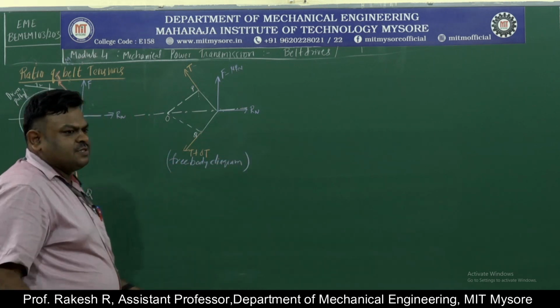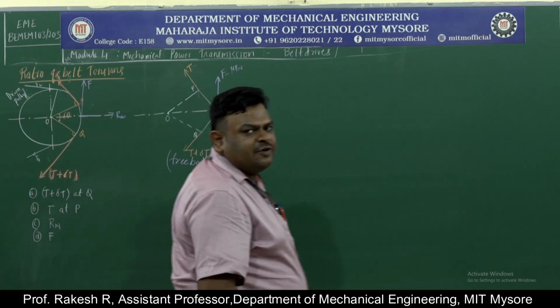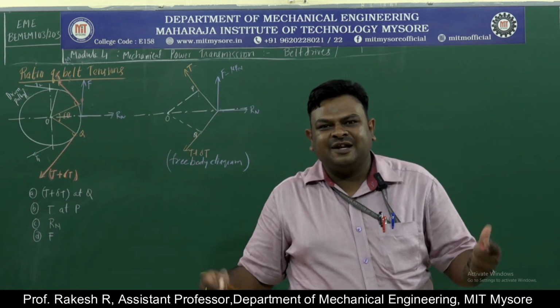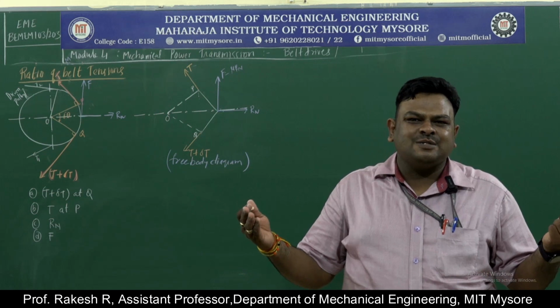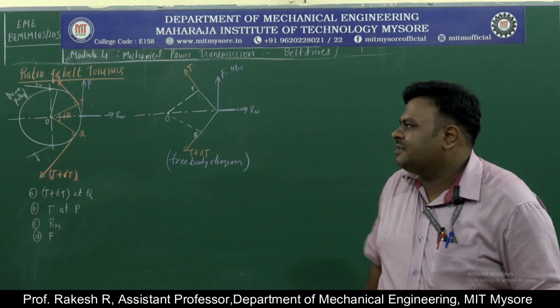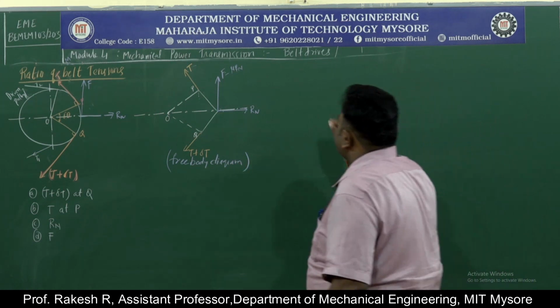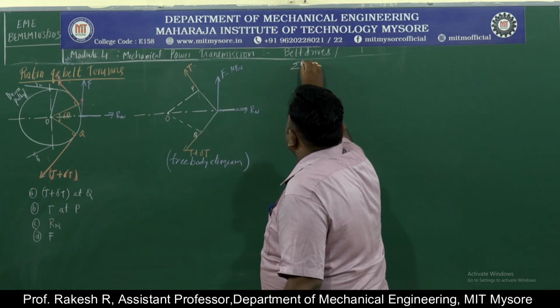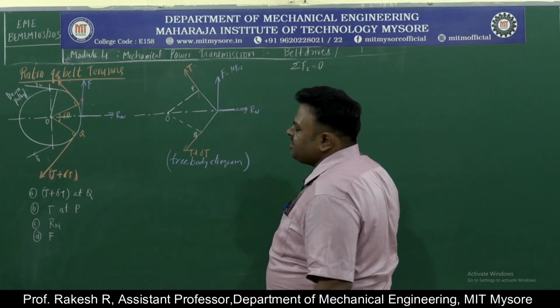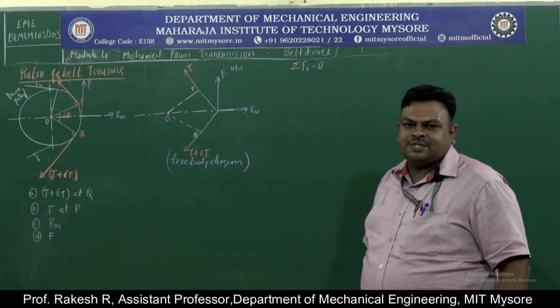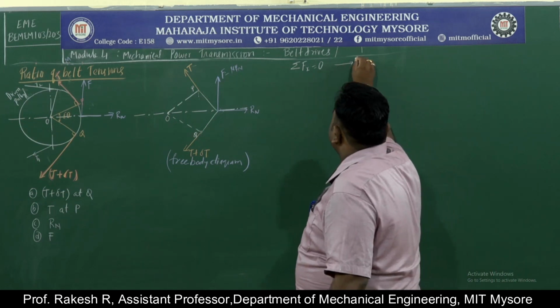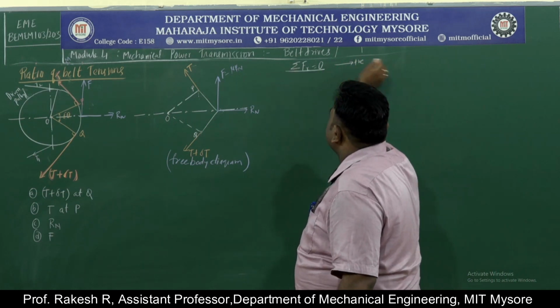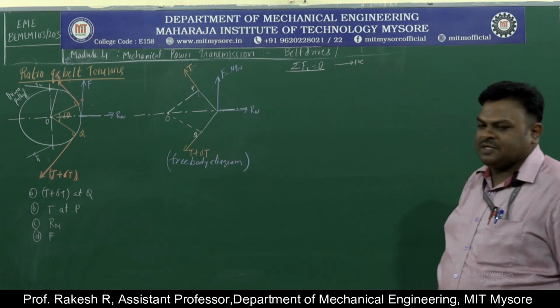Let us solve this. First, I need to resolve the forces horizontally and vertically. If I resolve the forces horizontally and vertically, I will get the solution. Let us consider horizontal forces, algebraic sum of horizontal forces equal to 0. I will treat right hand side forces as positive.